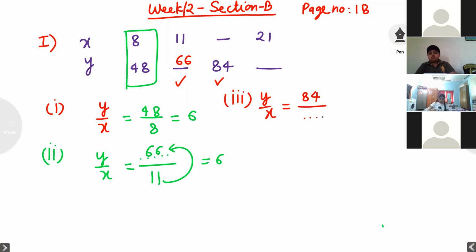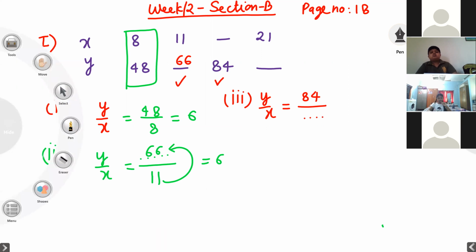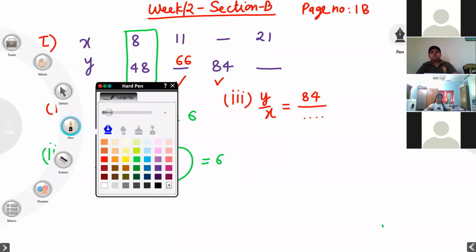He has not given it. I want to write dots only. Now how will I get 6? Means 84 divided by which number will give me 6? 14. If I write 14, then I will get 6.